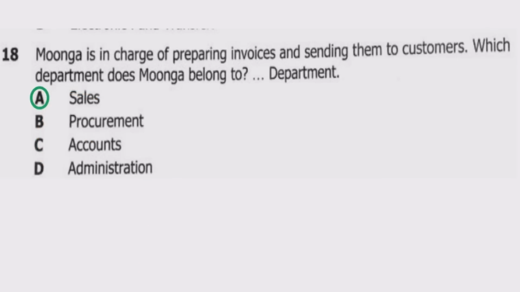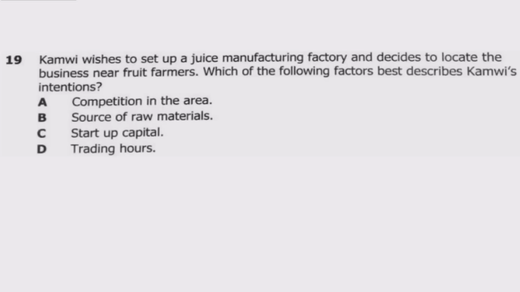Sales department. Question 19. Kamui wishes to set up a juice manufacturing factory and decides to locate the business near fruit farmers. Which of the following factors best describes Kamui's intention?